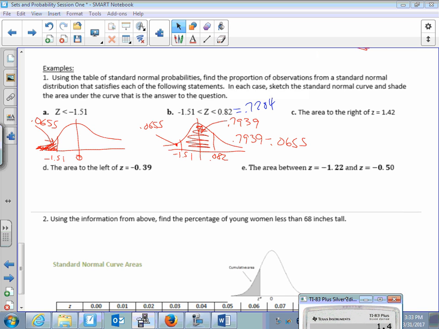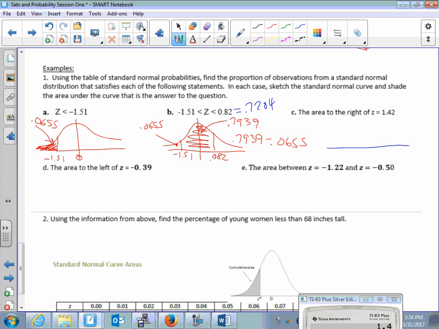All right, let's just put this down here out of the way. The area to the right of z equals 1.42. So once again, the standard normal curve looks like this. And here is 1.42, and we want this area here. Now, if we look in the table, what we're going to get is this area here. So to get the area we want, we would take 1 minus that value.